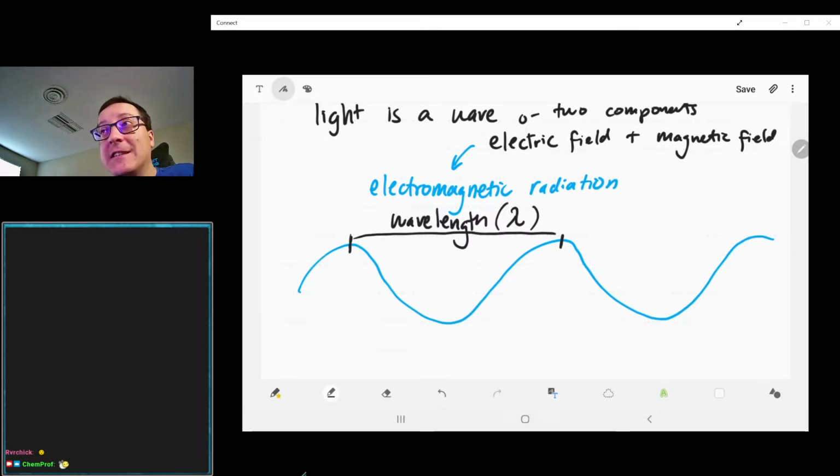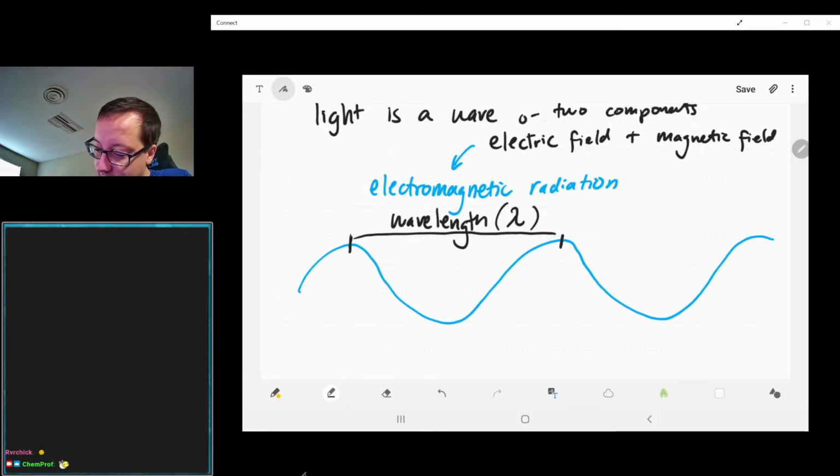That's the distance between two peaks on your wave, or two troughs, or two midpoints at the same position in a wave. Typically we just look at the peaks because it's the easiest place for us to see. That's usually going to be in units of some derivation of meters because it is a length, it is a distance.